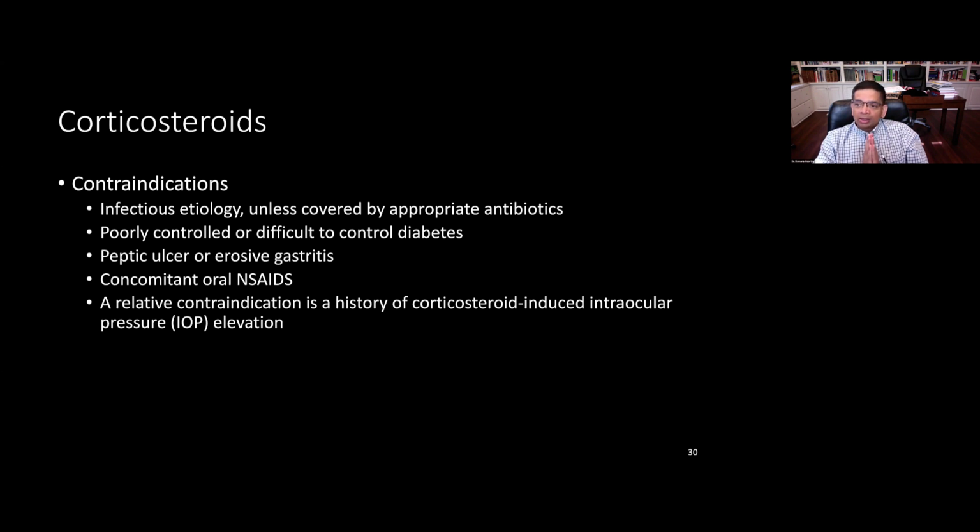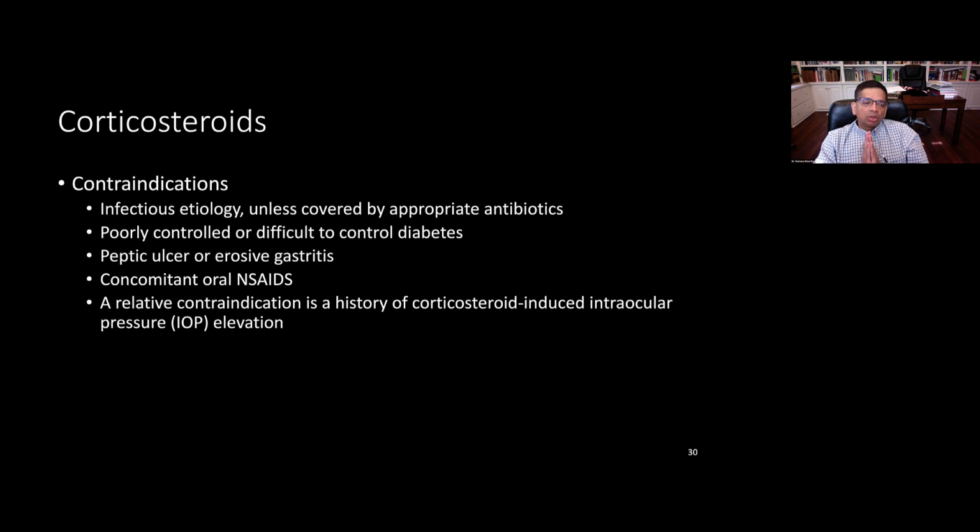If the patient has an infectious herpetic retinitis, syphilitic uveitis that is untreated with antimicrobials, or tuberculous uveitis that's untreated with antituberculous therapy, those patients should not be treated with corticosteroids alone until appropriate antibiotic coverage has been given for appropriate periods of time.